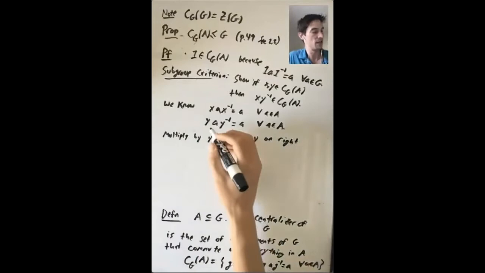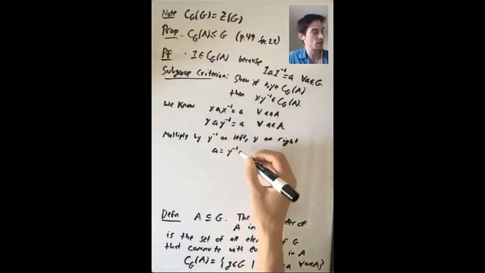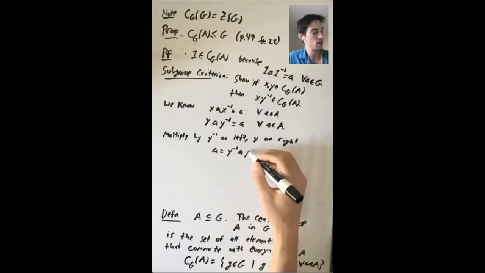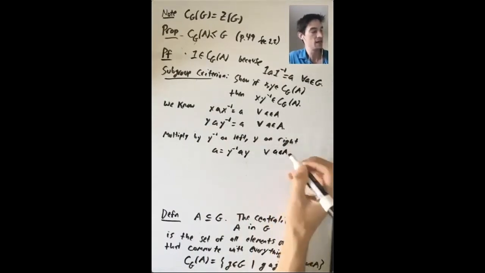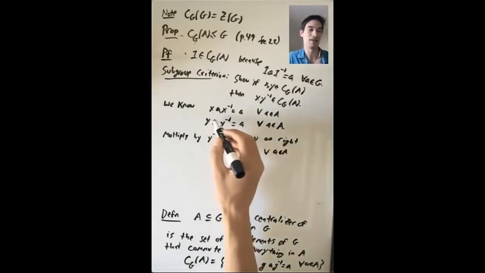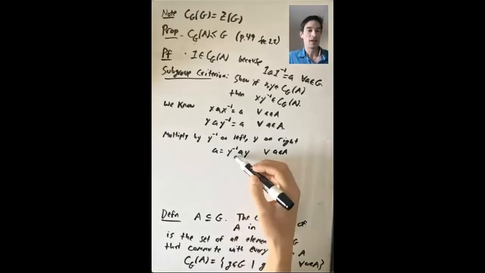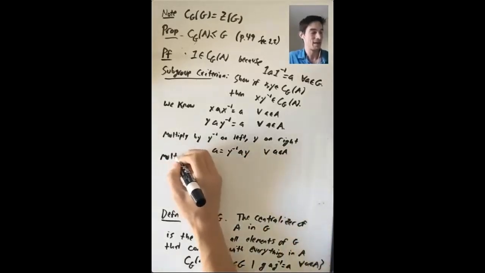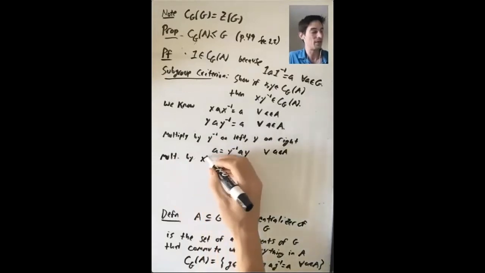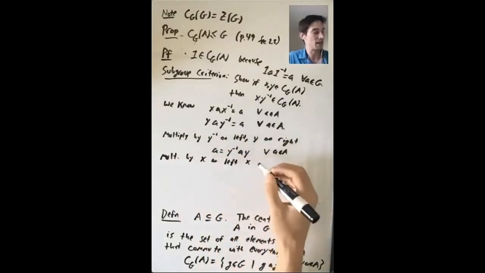And that's going to tell us that A is Y inverse AY for all A in the set. So it's the same thing except we've switched Y and Y inverse. So now we're going to take this expression and multiply by X on the left and X inverse on the right.